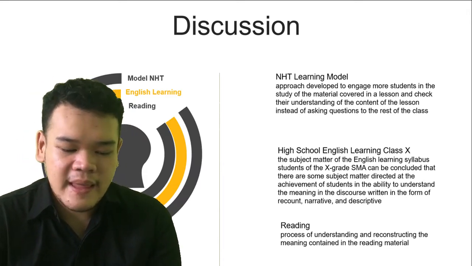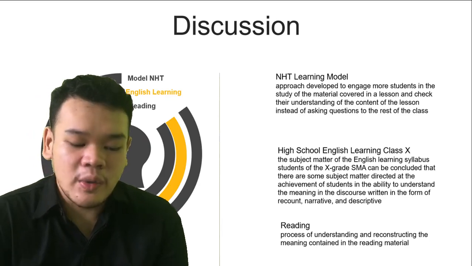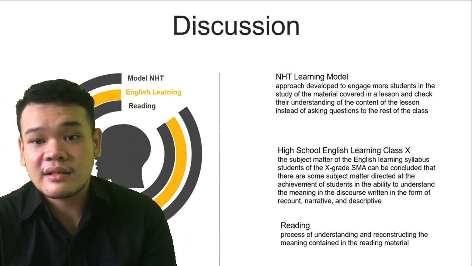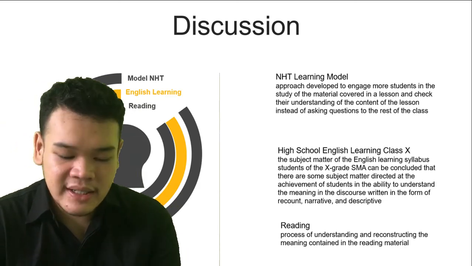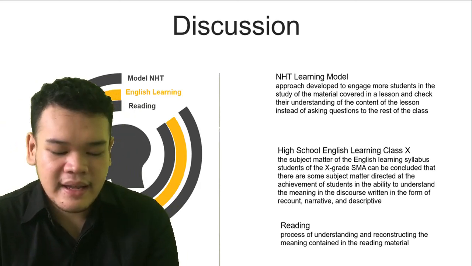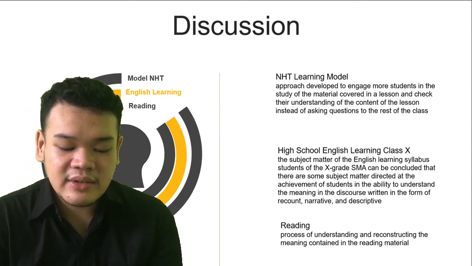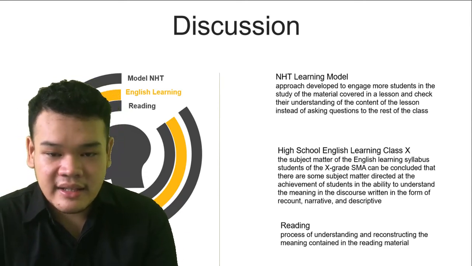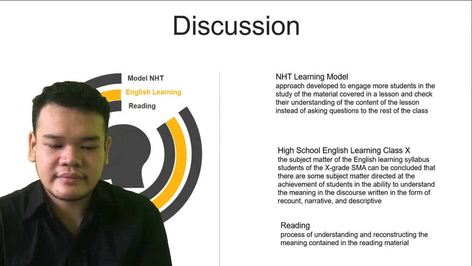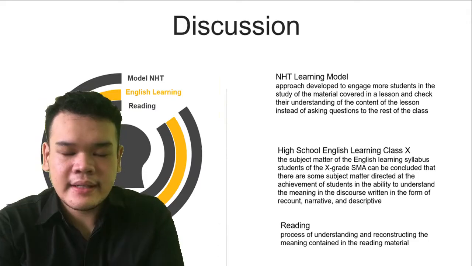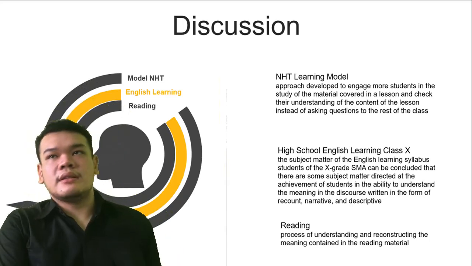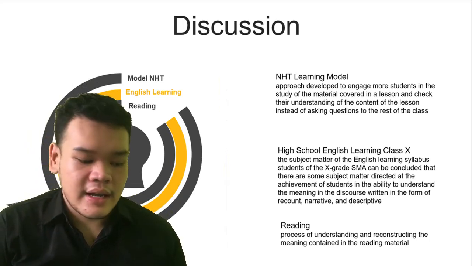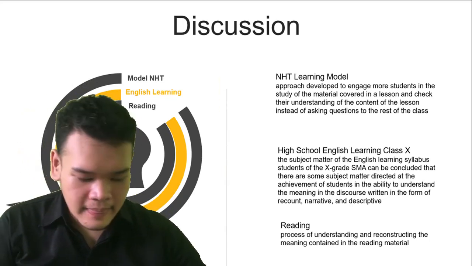The first is a heterogeneous group. The second is that each member of the group has a different head number. And the last is think together, or heads together. I think that is enough discussion about Numbered Heads Together in point one.